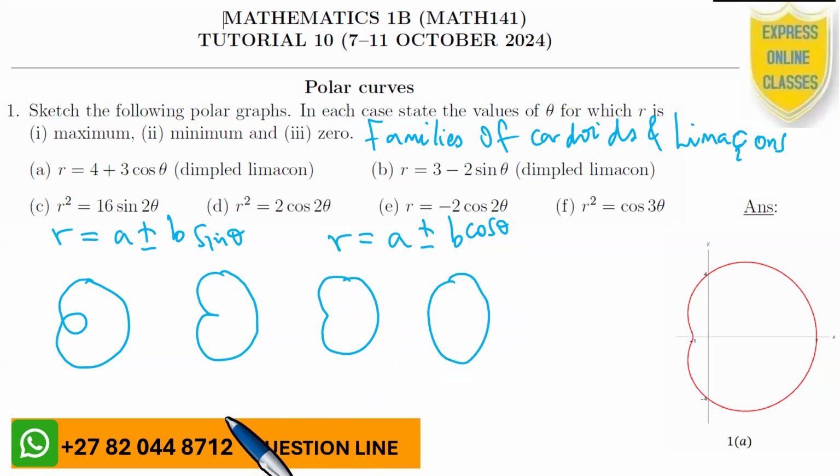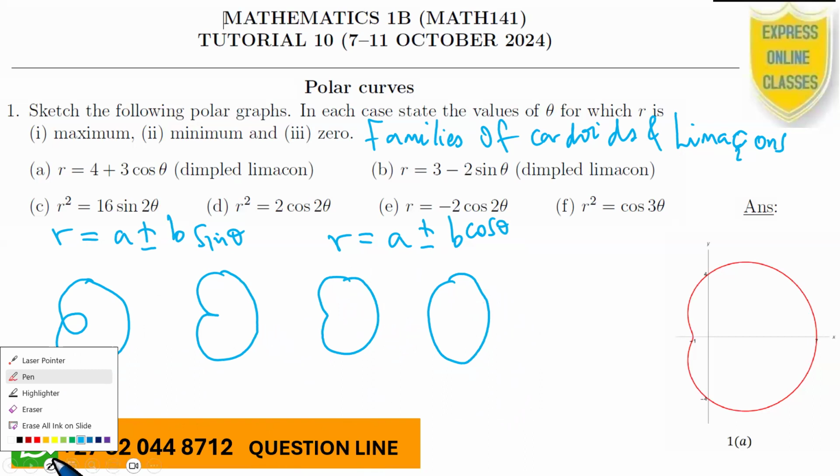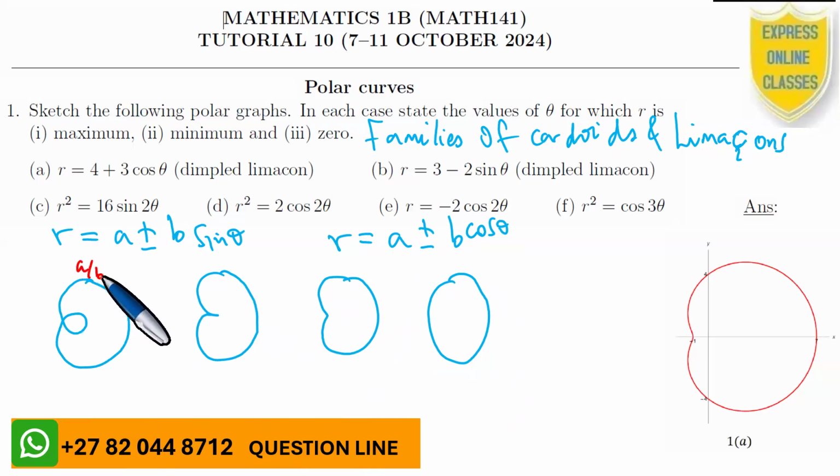So we studied the four shapes. Then we have the cases: A over B is less than 1, A over B equals 1, 1 less than A over B less than 2, and A over B greater than or equal to 2.